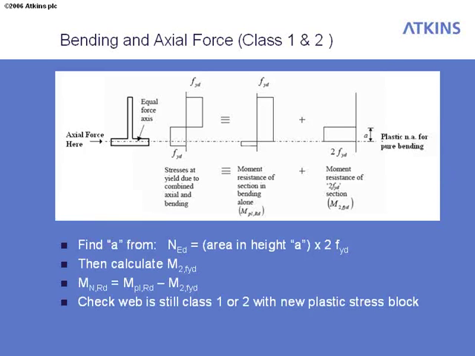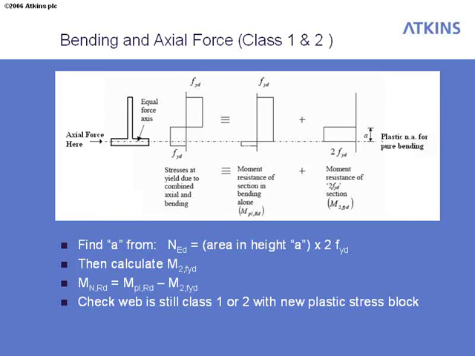For this, you calculate depth a, and that is just determined such that NEd is equal to the height, which is a, times 2 times the yield strength of the steel. The next thing we have to do is calculate the moment resistance, and that's defined as M2,fyd.